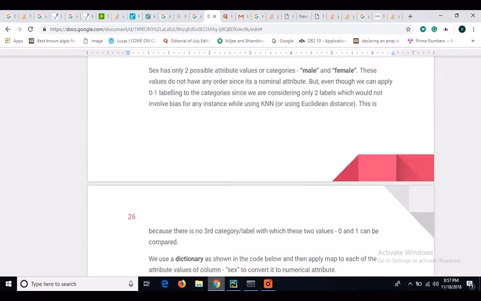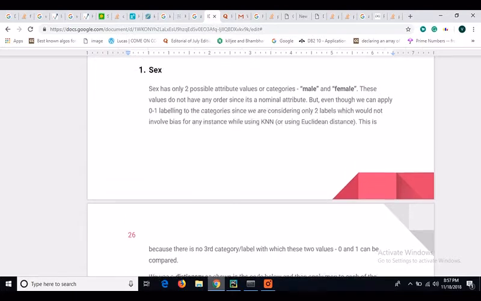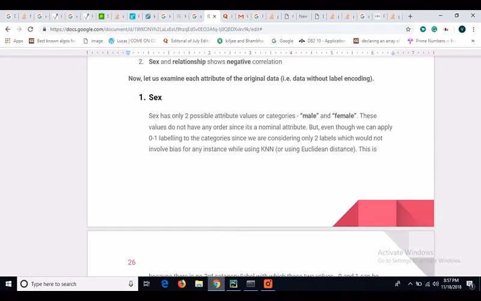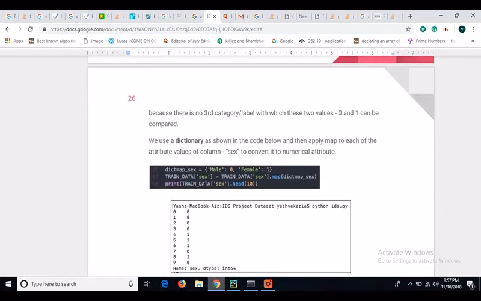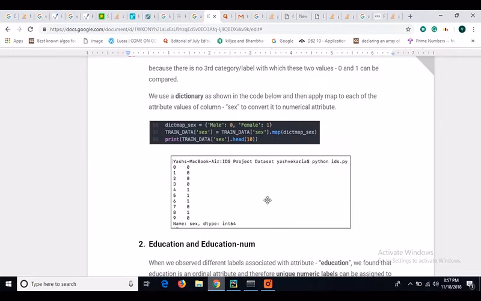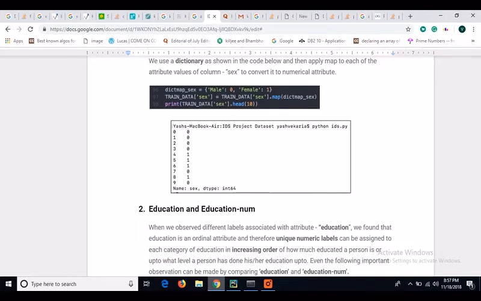If there had been a third value, then we would need to think about what the ordering of the numerical labels should be. So this is the output that will be produced by replacing each occurrence of male and female within the sex column by 0 and 1 respectively.